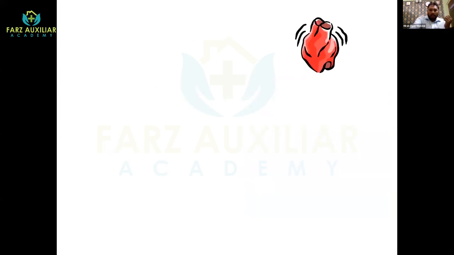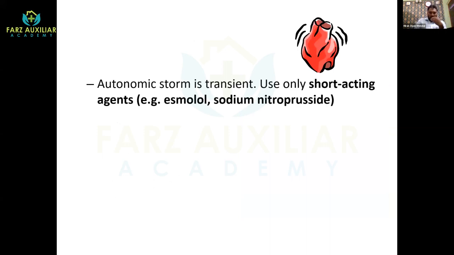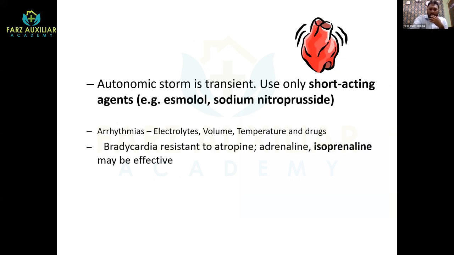One question is often asked: what is the drug of choice? The drug of choice is sodium nitroprusside and short-acting beta blockers like esmolol. It's often asked in our EDIC exam, so don't forget it. And we have to give anti-arrhythmic drugs to control arrhythmia related to the cytokine storm.